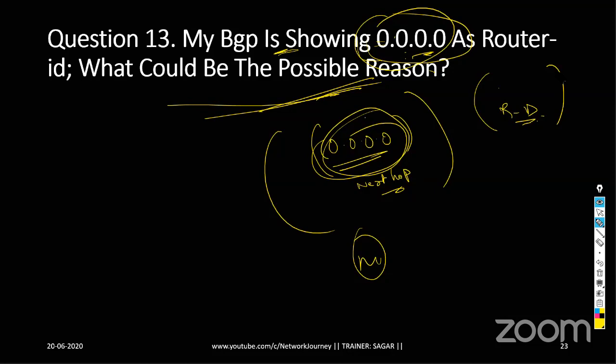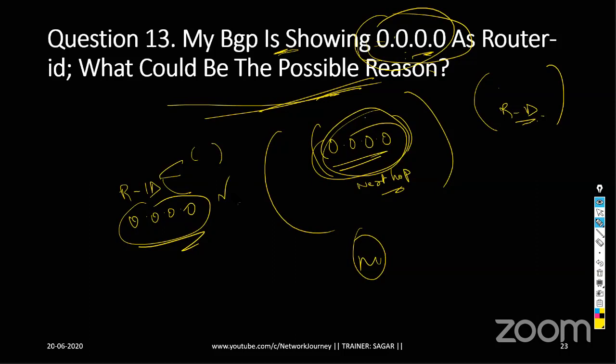It's very simple. If you see a router ID of 0.0.0.0 in any protocol, not just BGP, in OSPF also, then that means something. When do you get router ID 0.0.0.0? There are three ways of configuring the router ID. One is when you manually did not assign the router ID, or there is no active interface with an IPv4 address assigned.